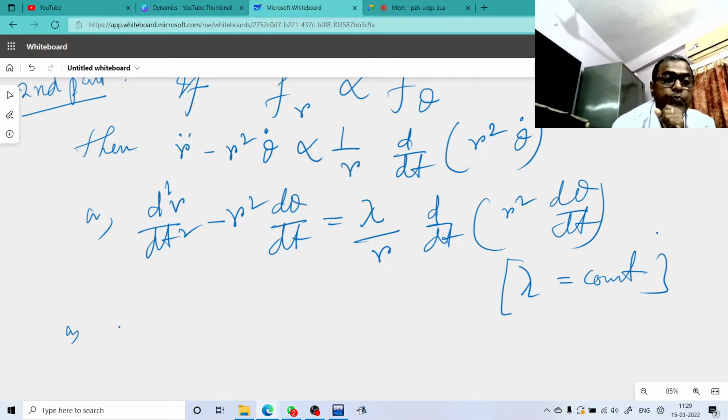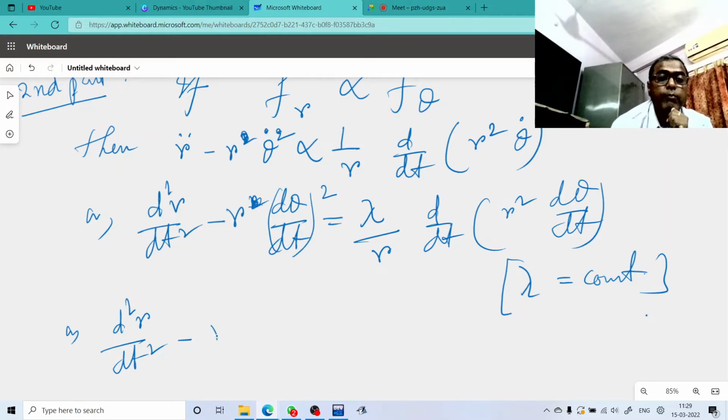Or d2r/dt square minus, here we write r double dot minus r theta dot square. The formula we wrote is wrong, it should be r theta dot square, r d theta/dt square.